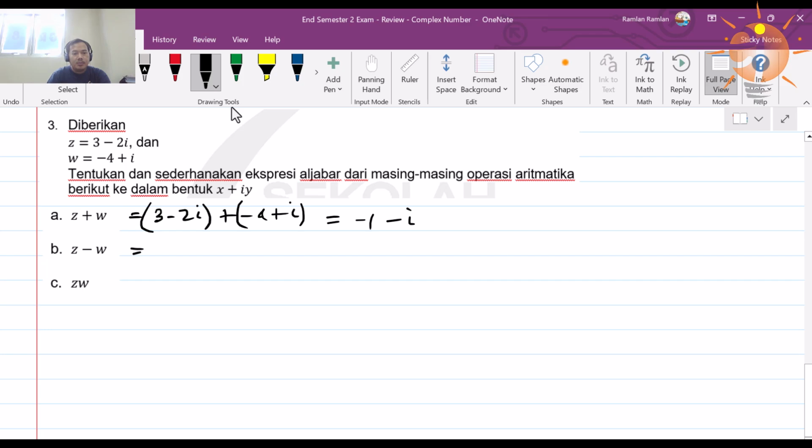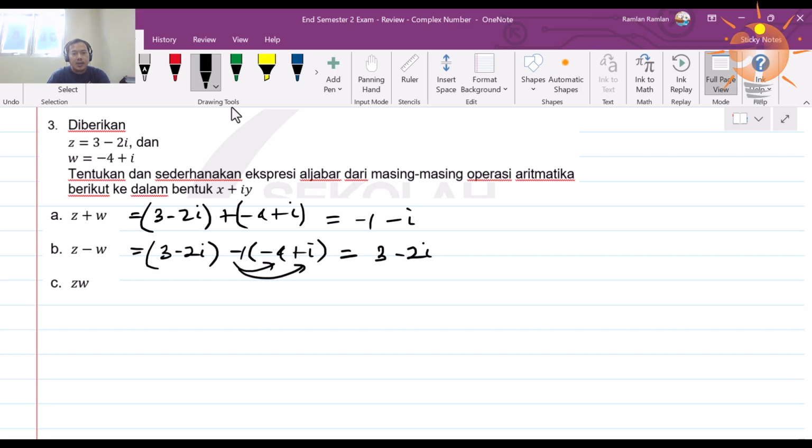Now for question B, this is the part where the bracket plays a very important role. I have a negative here. Actually, we have a number here which is negative 1. So when you want to open the bracket, you have to multiply this negative 1 into each term inside the bracket. 1 times any number is just going back to the same number, so we can write this as 3 minus 2i.